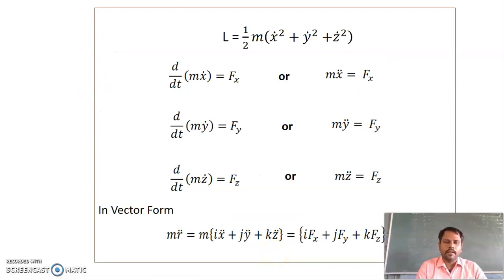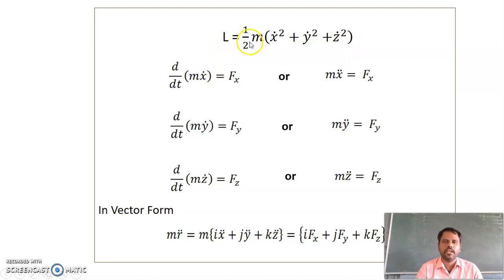So L is equal to T minus V. The kinetic energy of the moving particle is half m times x dot square plus y dot square plus z dot square. The potential is equal to 0. First I differentiate dou L by dou x dot.